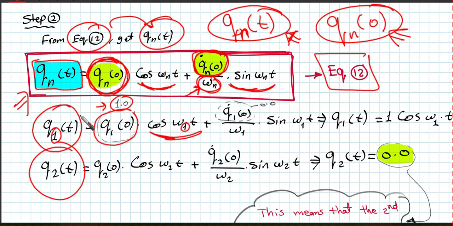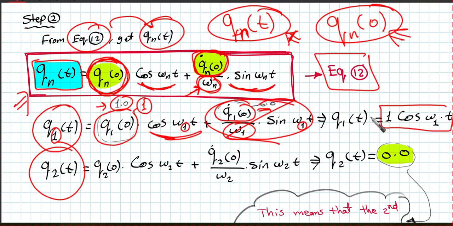Plus Q1 dot node, which equals exactly 0, over omega 1, times sine omega 1 t. As you can see, this is 0, so this whole term is cancelled. The remaining part is 1 times cosine omega 1 t. So Q1t equals 1 cosine omega 1 t.